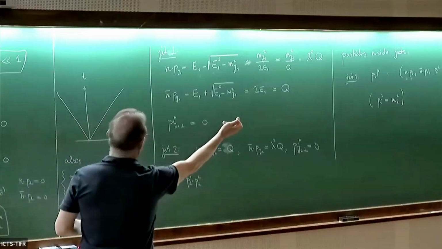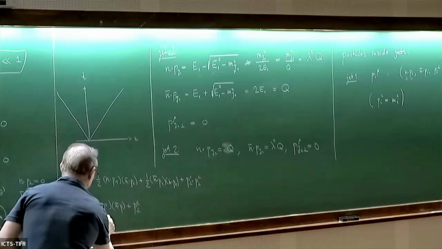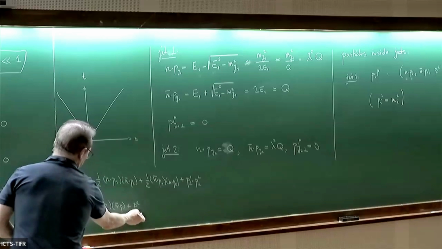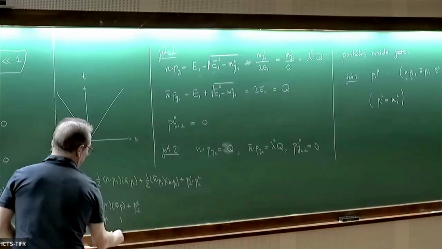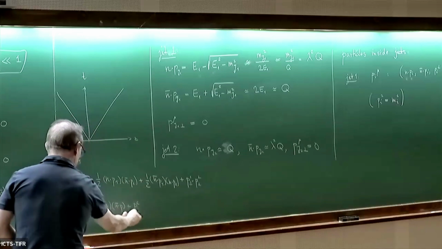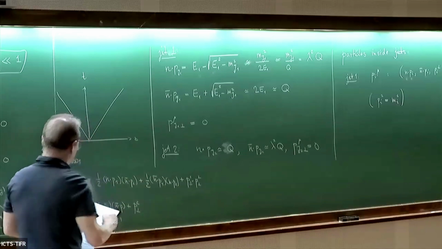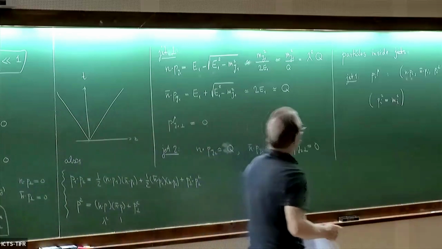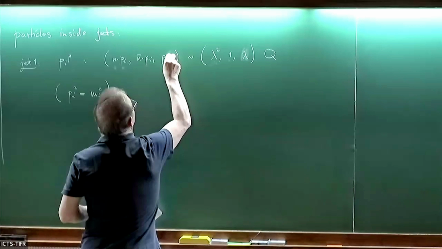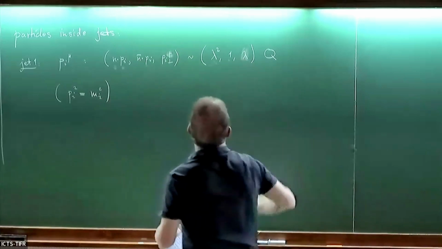One is lambda squared, one is 1. So for instance, this would be lambda squared and this would be 1. And then the p perp should satisfy the same scaling. So the p perp squared should also be order lambda squared so that all terms in this sum are equally small. And that means the individual p perp mu can be of order lambda.